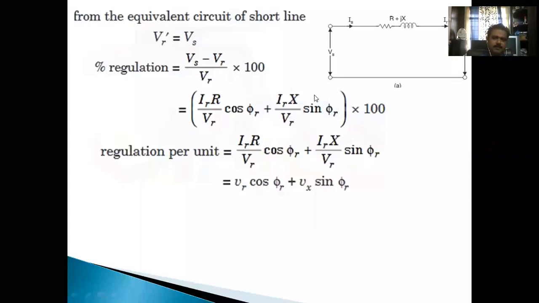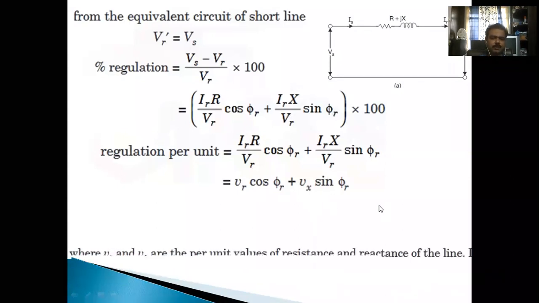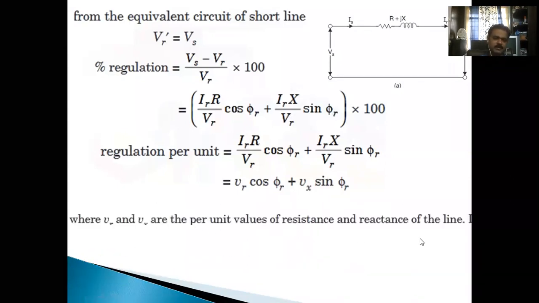In terms of percentage, this is reference voltage drop by reference voltage, so directly we get per unit voltage. So VR and VX are the per unit values of resistance and reactance of the line.